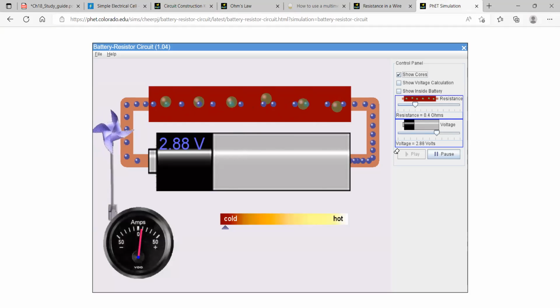This red cylindrical-shaped thing is a wire, connected with a battery. From the negative terminal of the battery, you see some blue balls going. These blue balls are basically the electrons, so the electrons are flowing in this direction.